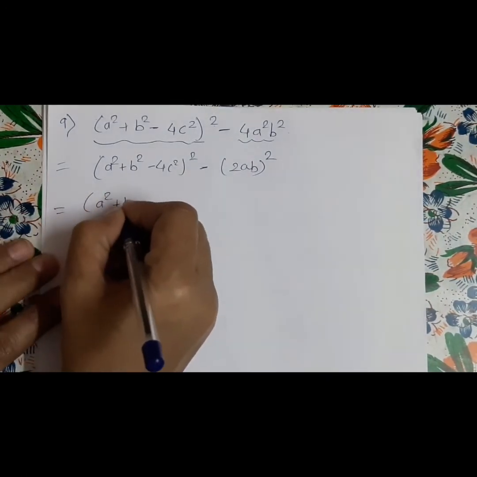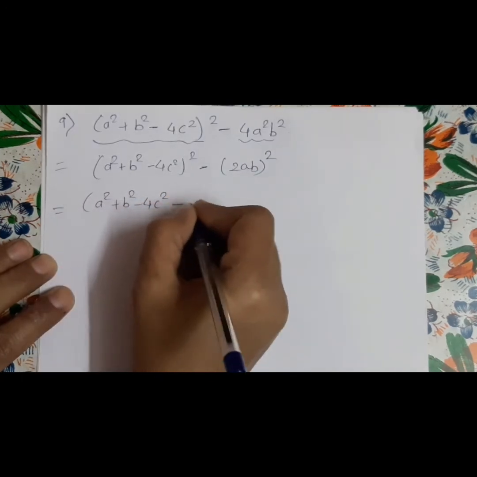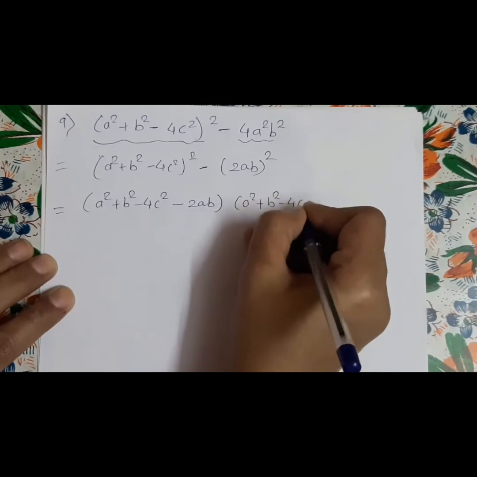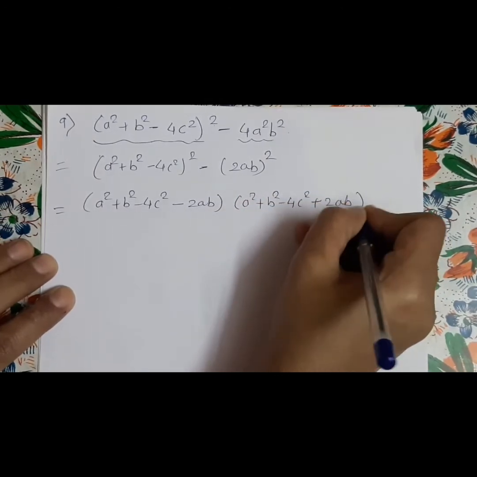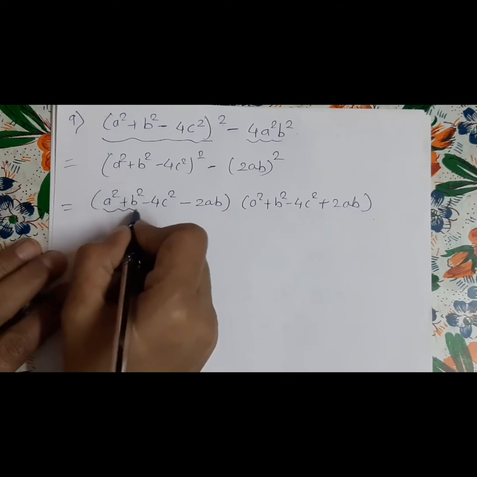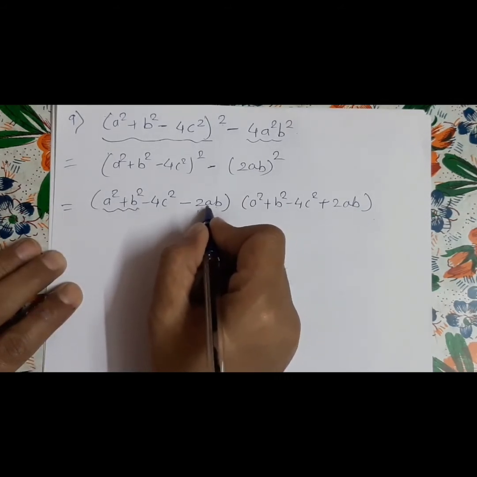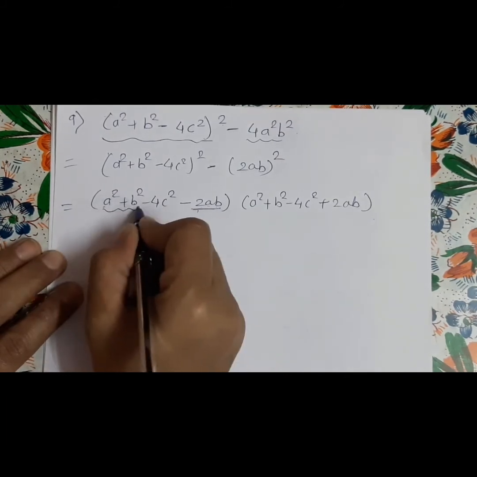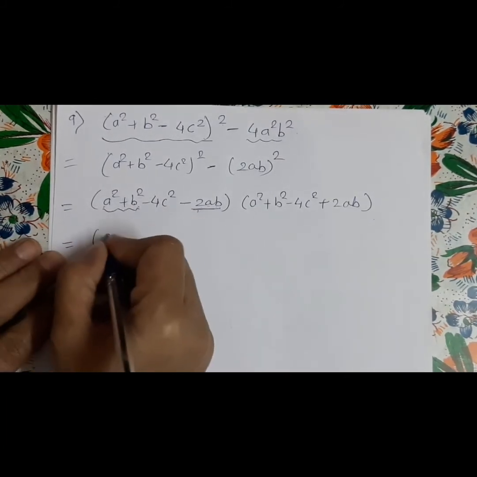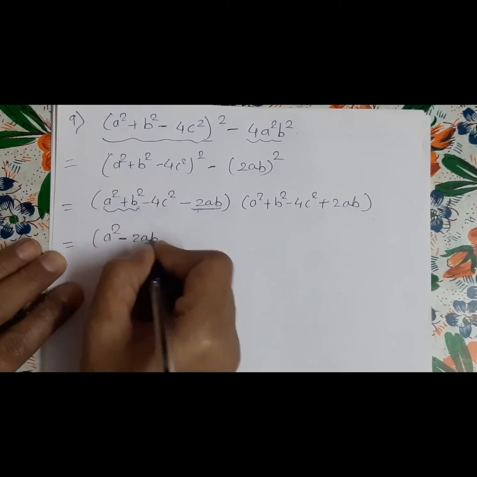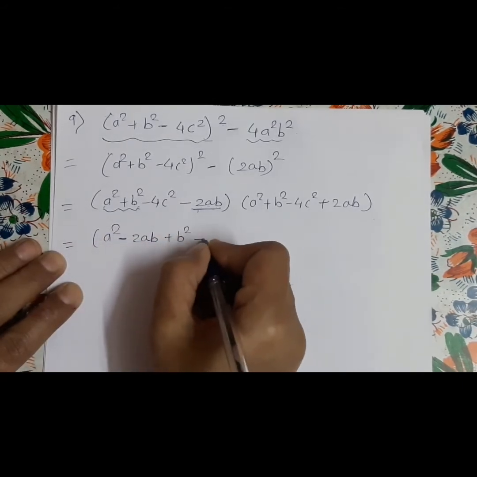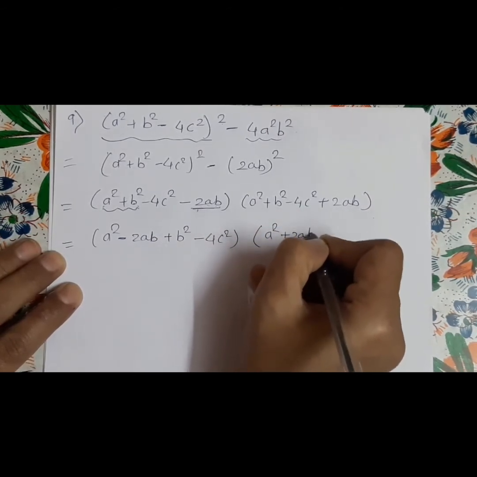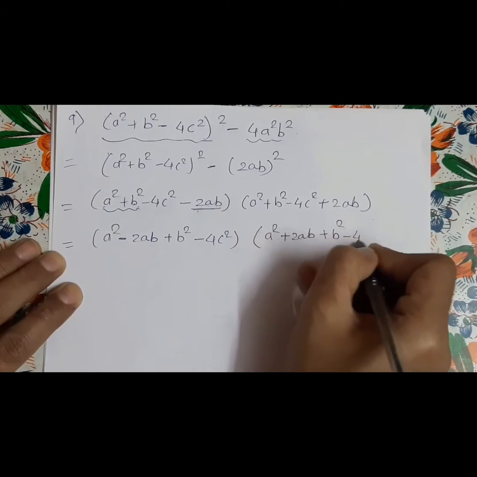A square plus b square minus 4c square minus 2ab into a square plus b square minus 4c square plus 2ab. Okay, now you will see here, this is a into b, so bring it close to the terms containing a square and b square. So here it is a square minus 2ab plus b square minus 4c square. Here also a square plus 2ab plus b square minus 4c square.